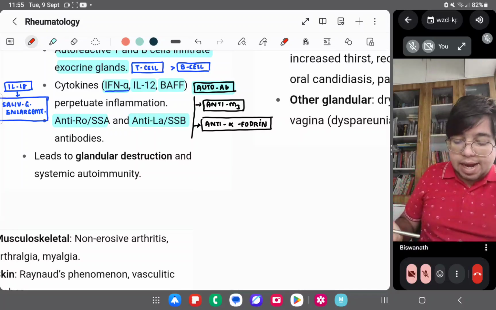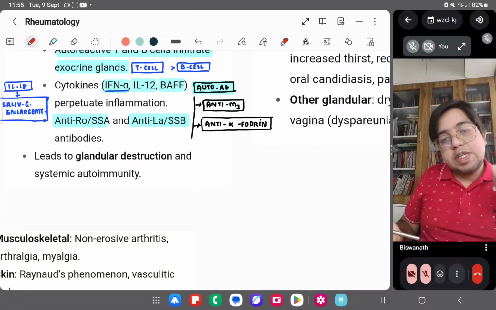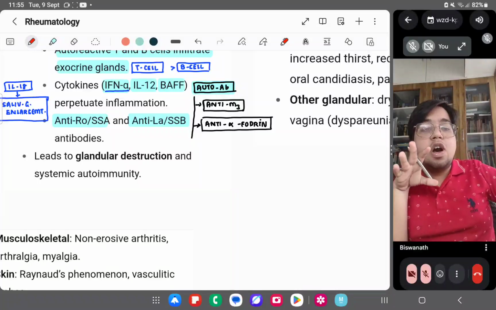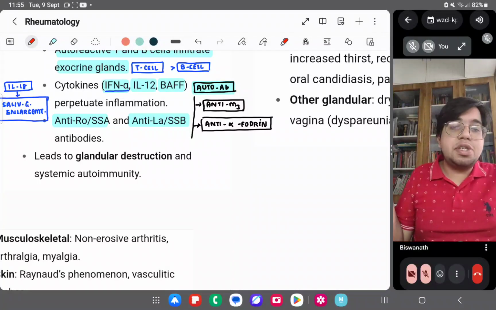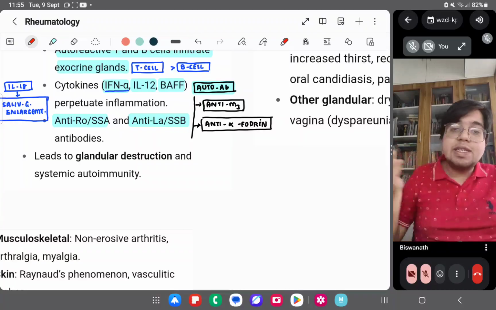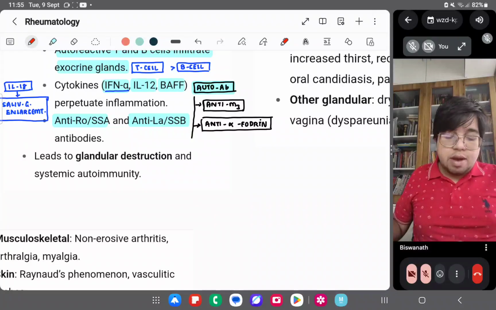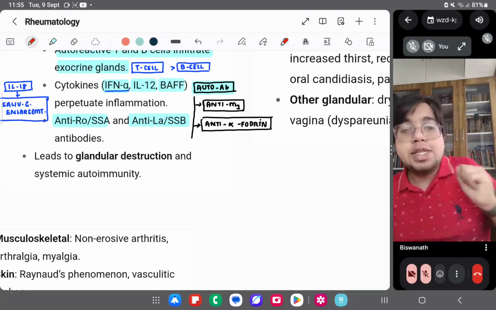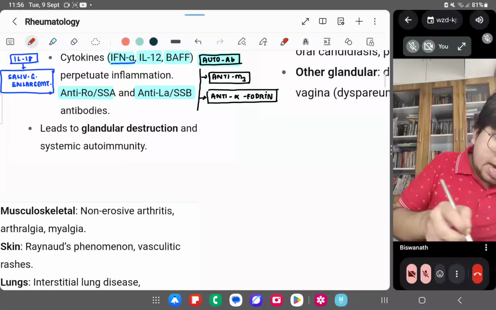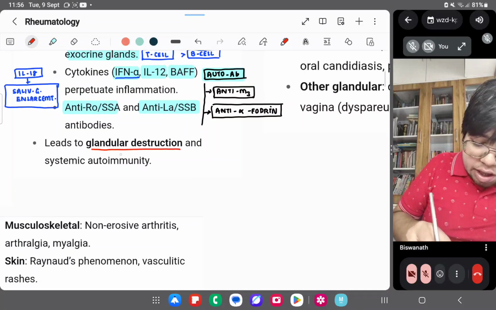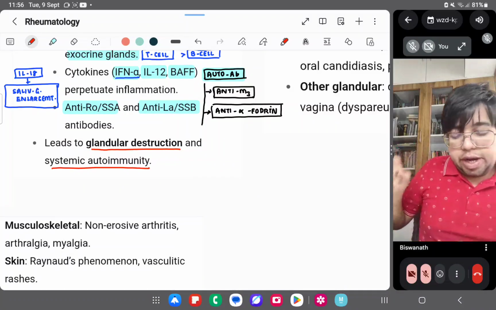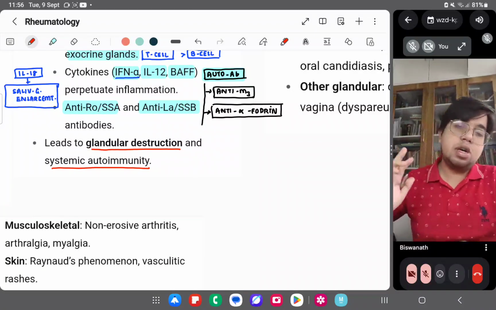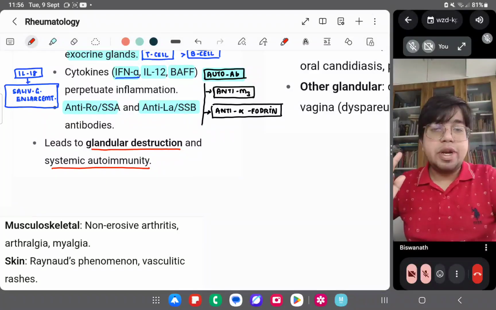But if they are positive, Sjogren has a risk of manifesting seriously. Anti-Ro and anti-La are not diagnostic; they are prognostic, you can say. So glandular destruction and systemic autoimmunity can be seen.